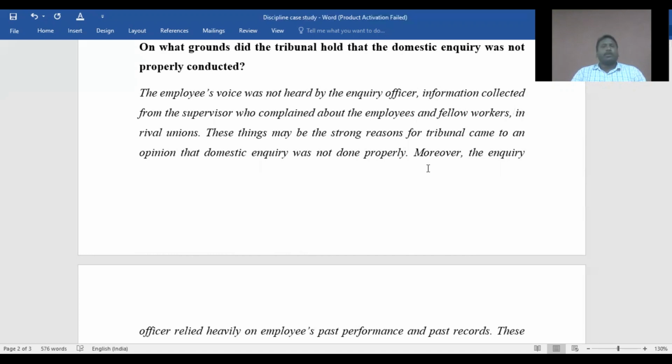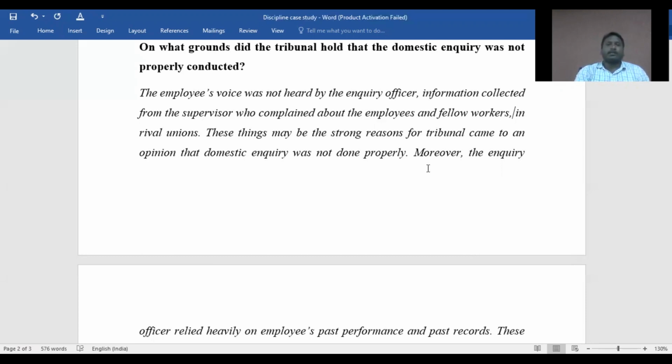So these things may be the reasons why the tribunal came to the opinion that the domestic inquiry process was not done properly. The reason why this tribunal felt that the domestic inquiry was not conducted properly is that the employee's voice was not heard by the inquiry officer. Information is collected only from the supervisor who complained about this employee, some fellow workers, and the leaders in rival unions, and the information related to the employee's past performance and past records.